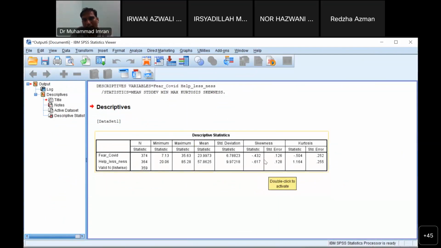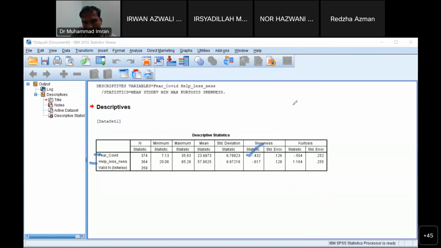How can we calculate? Their value should not be more than plus or minus 2. Please help me in this regard. This one is fear and helplessness. First, this one I'm going to calculate.